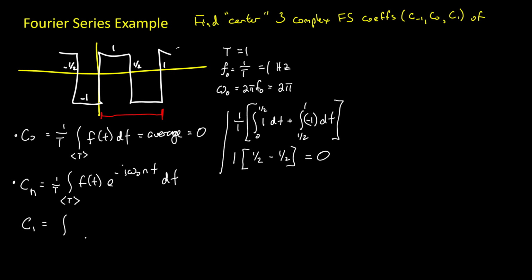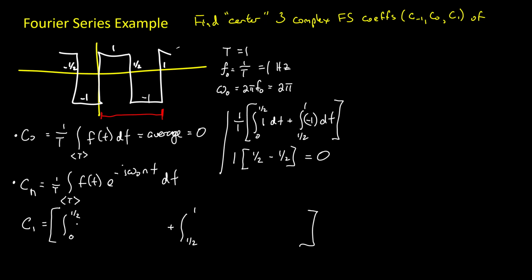And the problem is that we can't define f of t uniquely over this time period. Sometimes it's +1, sometimes it's -1. So we're going to have to sum it up over two different integrals. One between 0 and 1/2, where this function is going to be 1, and the other between 1/2 and 1.